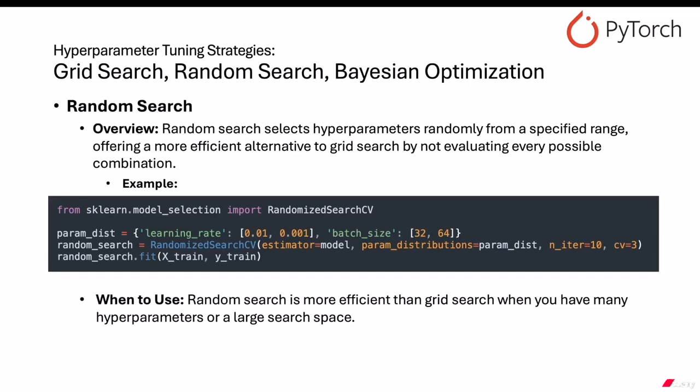From sklearn.model_selection, import RandomizedSearchCV. param_dist equal to learning rate of 0.01 to 0.001, batch size 32, 64. random_search equal to RandomizedSearchCV, estimator equal to model, param_distributions is the param_dist that we created above, and n_iter equal to 10 and cv equal to 3. random_search.fit and pass X_train and y_train to it. When to use? Random search is more efficient than grid search when you have many hyperparameters or a large search space.